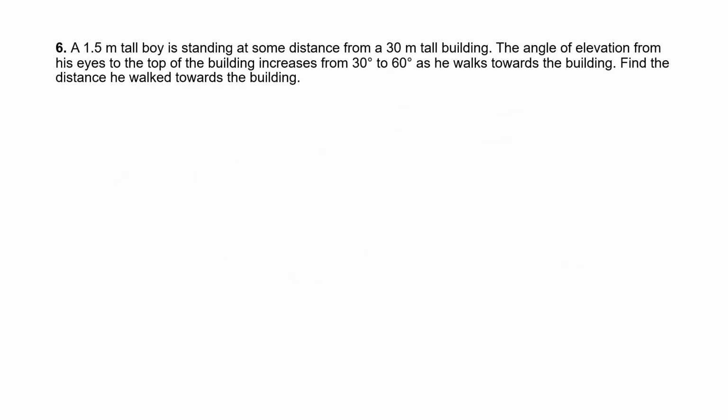Okay, so now the sixth question. It is a 1.5 meter tall boy. A boy is standing at some distance from a 30 meter tall building. One building is here, the building is 30 meter.